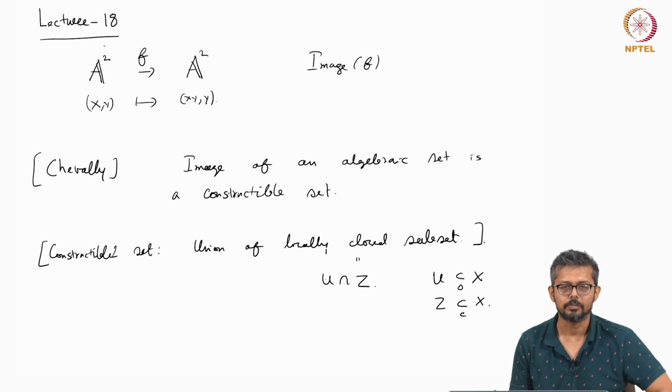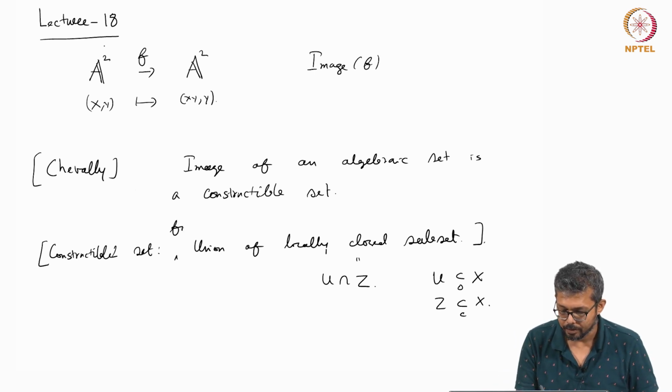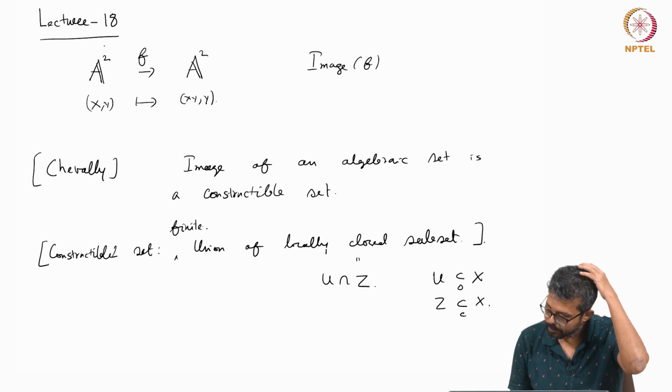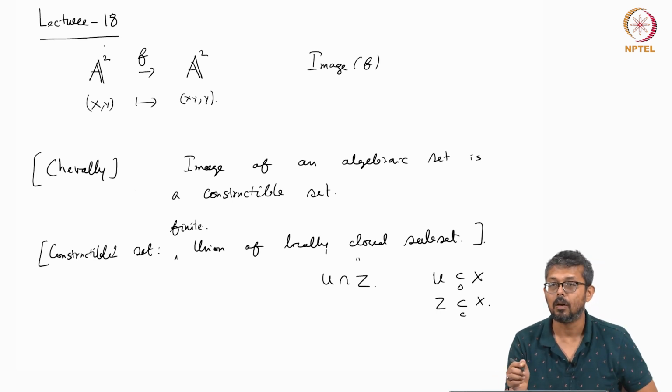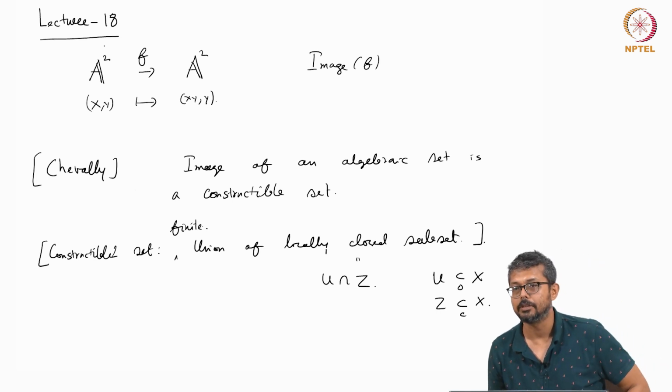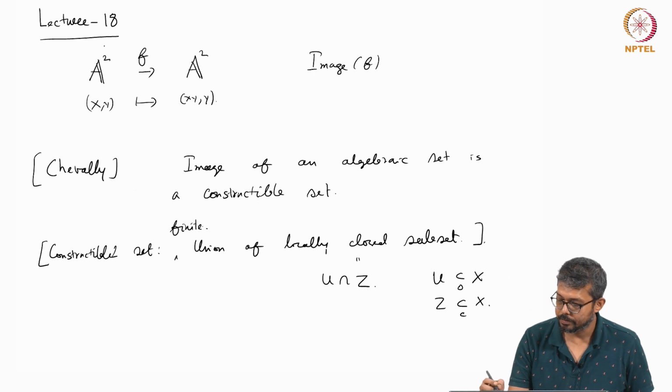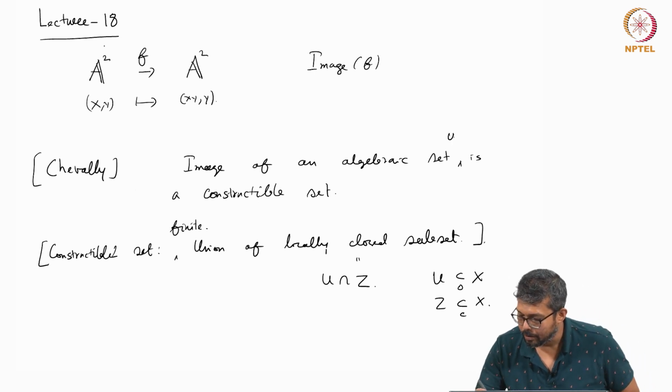So if f is a morphism of algebraic varieties, then the image of an algebraic set under a morphism is constructible.